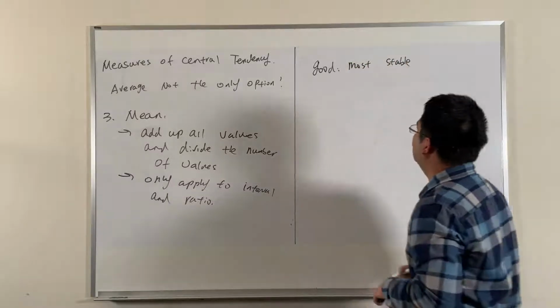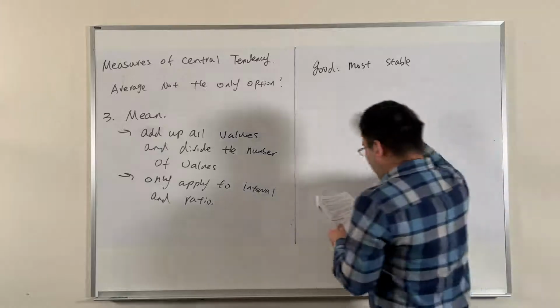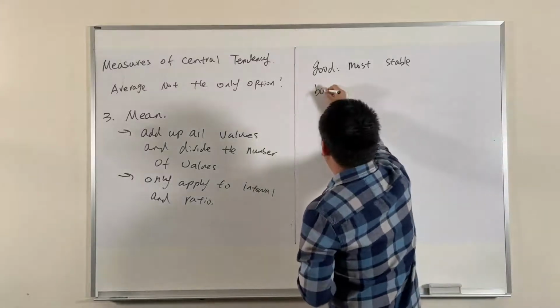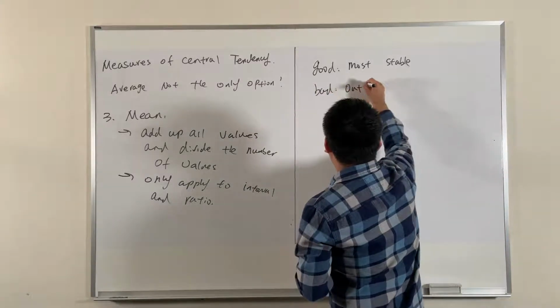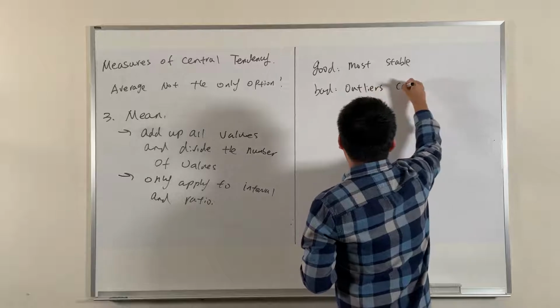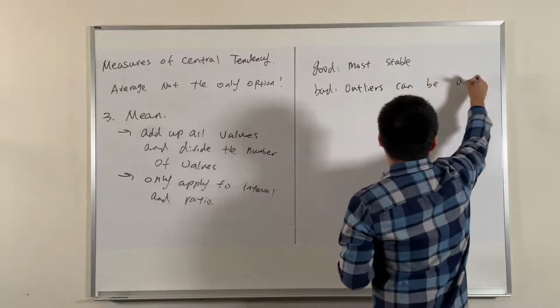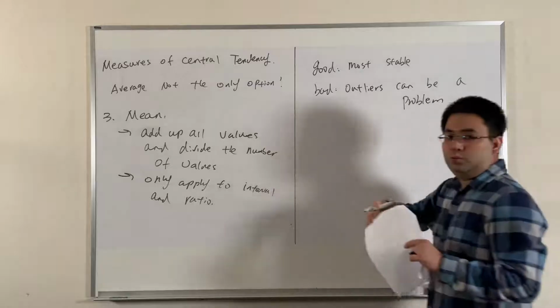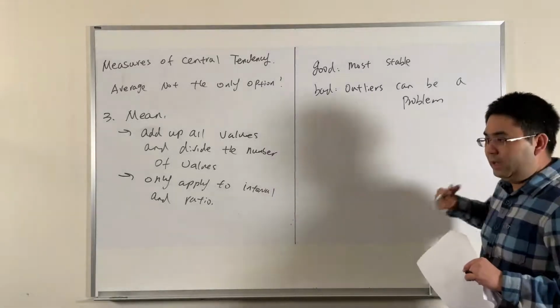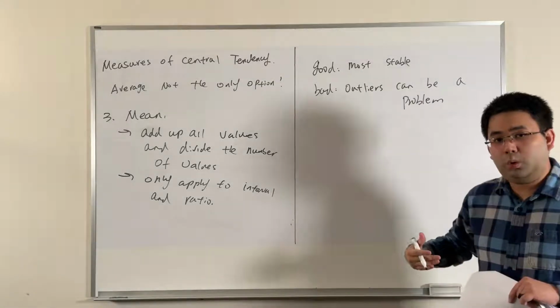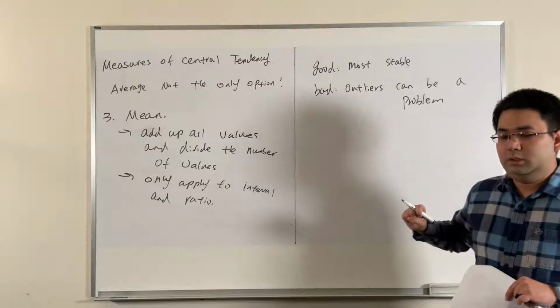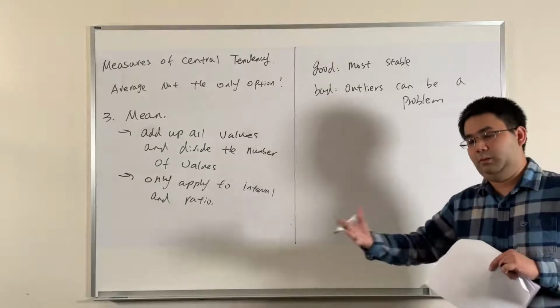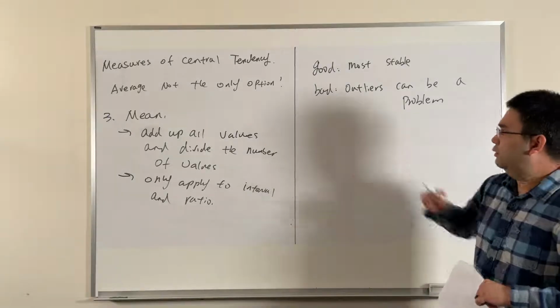The bad thing is that outliers can be a problem. If you have one outlier that's really big or really small and you add it into the total, it's very easy to mess up the value that you get for the mean.